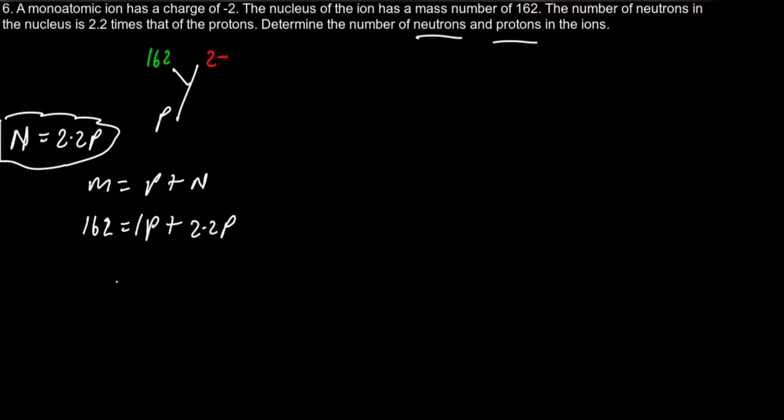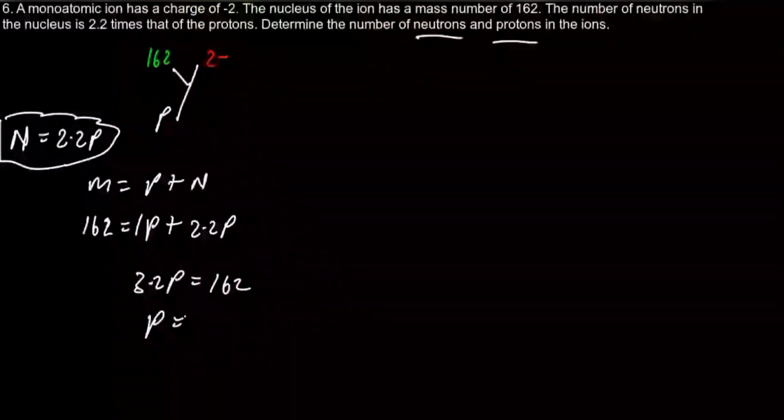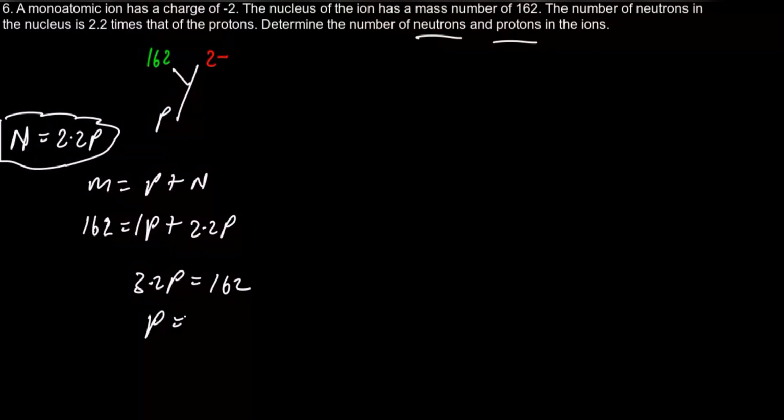What is 1 proton plus 2.2 protons? That will give me 3.2 protons equal 162. If I divide both sides by 3.2, I have 50.6, and that is approximately 51 protons.